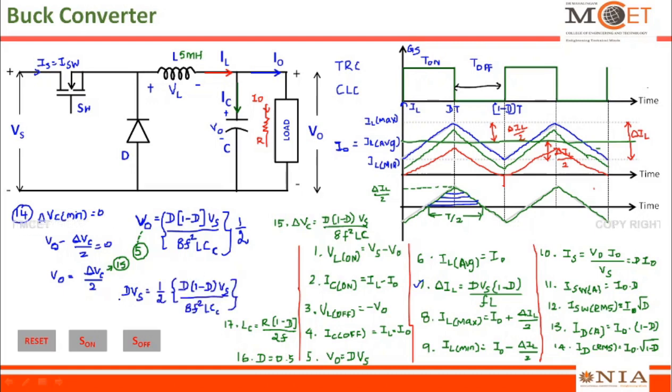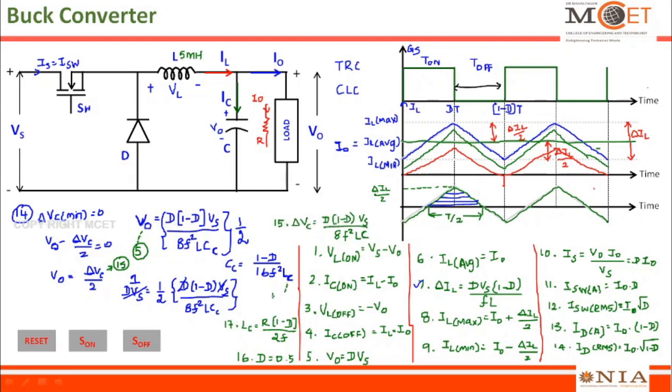Now this D Vs will get cancelled out, and finally this will get cancelled out, and this will be left out with 1, and if we make simplification of this expression, I will get Cc, that is the critical capacitance, is equal to 1 minus D whole divided by 16 F square L. Its critical value. Lc means the critical value of the inductance, which is the expression 17.